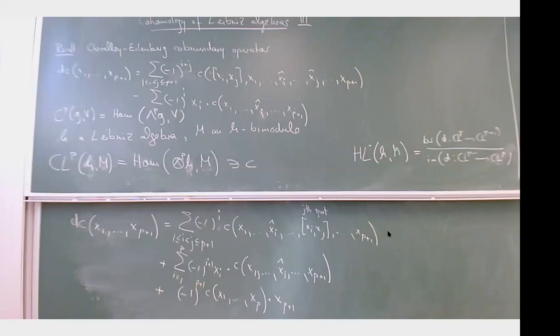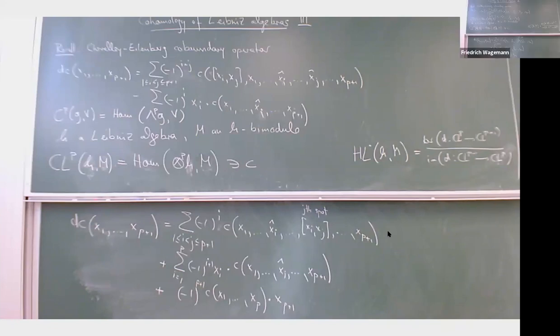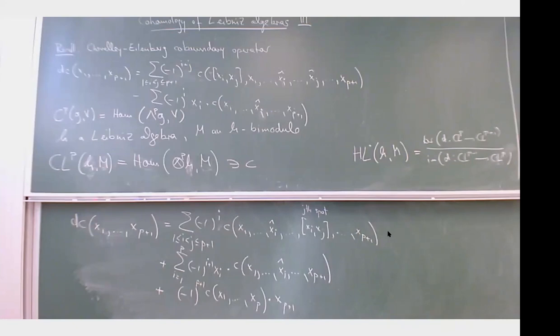Not exactly, after j plus 1. I see your point. This is not exactly the j spot because I took out the x_i before. I mean it is between x_(j-1) and x_(j+1). Thank you.